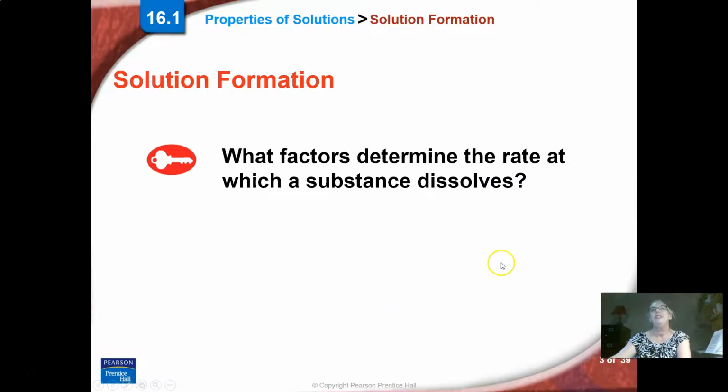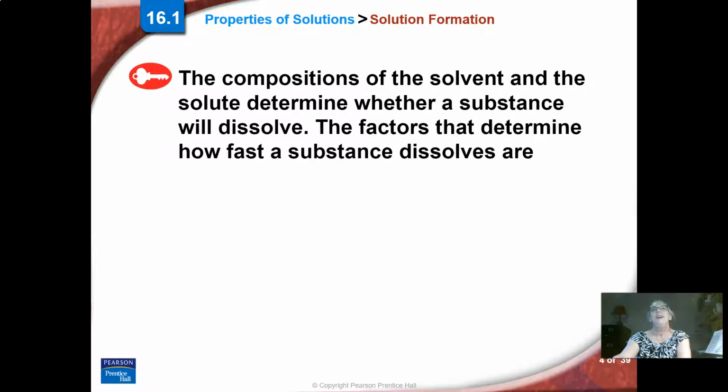So what factors determine if something can dissolve? The factors are what the solvent is made out of, what the solute is, what their chemical and physical properties are, and whether one can dissolve in the other. The factors that make something dissolve faster start with stirring. If you are making hot coffee and you want to make a solution of sugar in your coffee, you're going to stir the sugar cube into your coffee and it will dissolve faster.